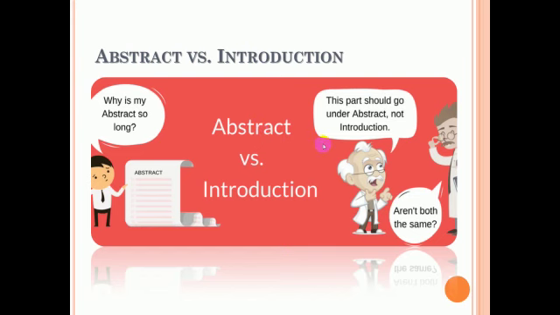So this part should go under abstract, not introduction. This is the advice of the professor. If your abstract is so long, this means it is an introduction, because as we have said already, our abstract is from 150 to 300 words.